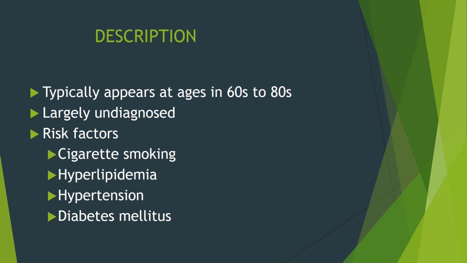Peripheral arterial disease typically appears when people are in their 60s to 80s. So it shows up a little bit later than coronary artery disease. It's very much undiagnosed because people just don't really think about the symptoms that they get, which we're going to talk about.